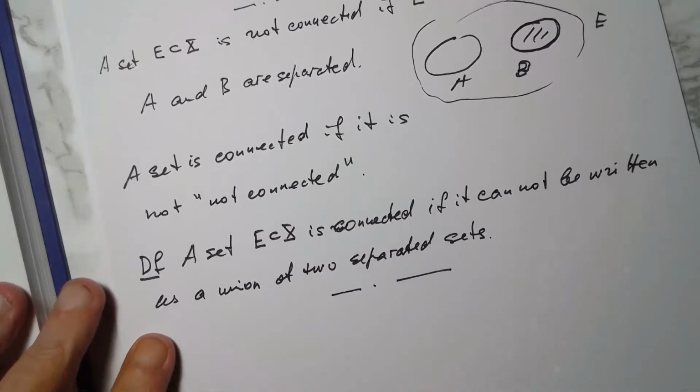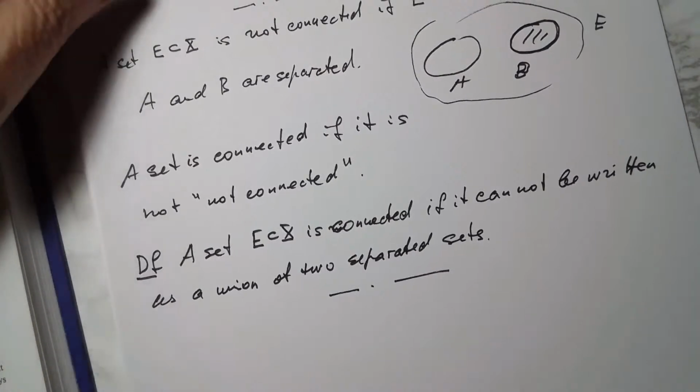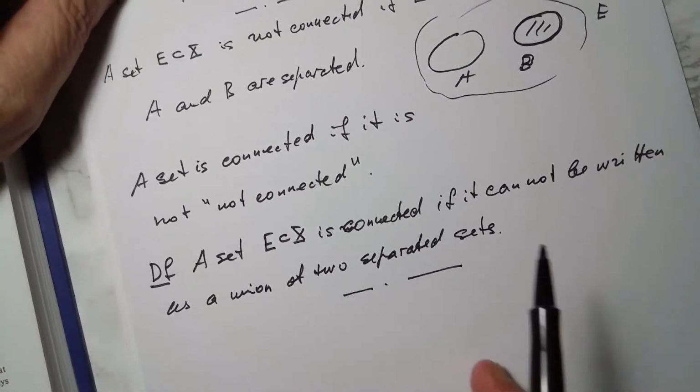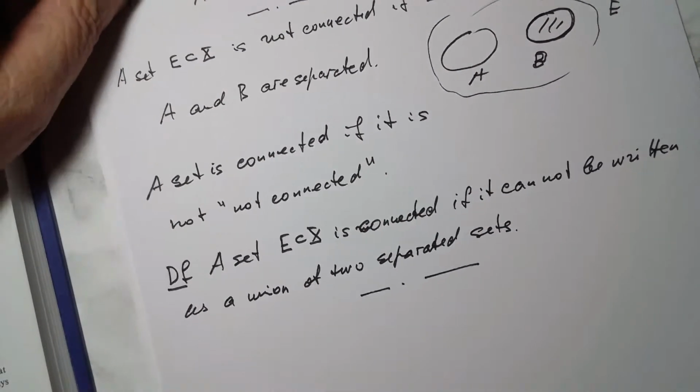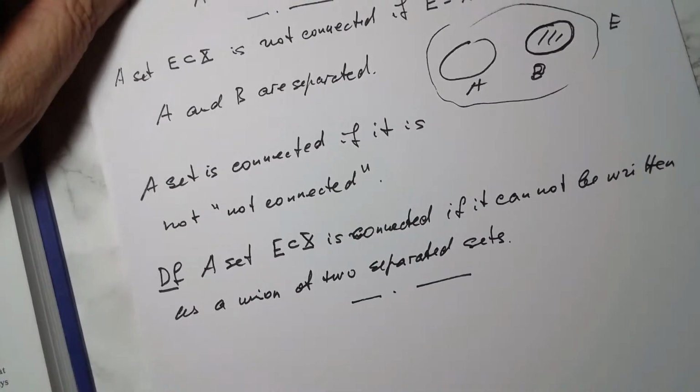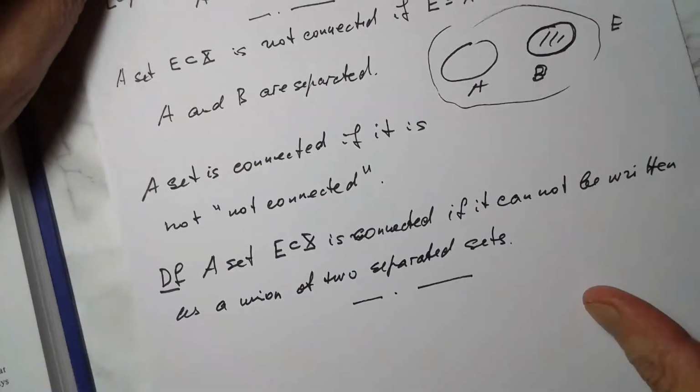This definition is very similar to the definition that you may be learning in courses of topology. It is not quite the same, and I don't want to go into topology too far, but those of you who will be taking topology will be dealing with connected sets a lot, and it's a very important notion in topology.